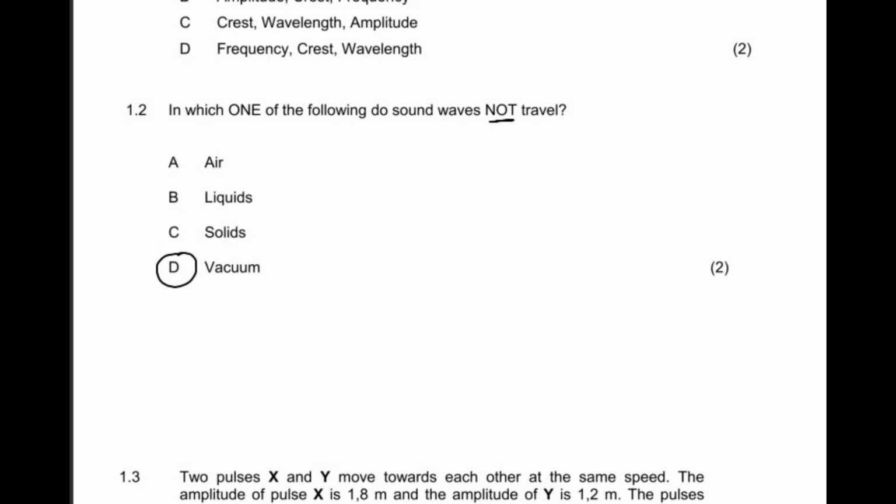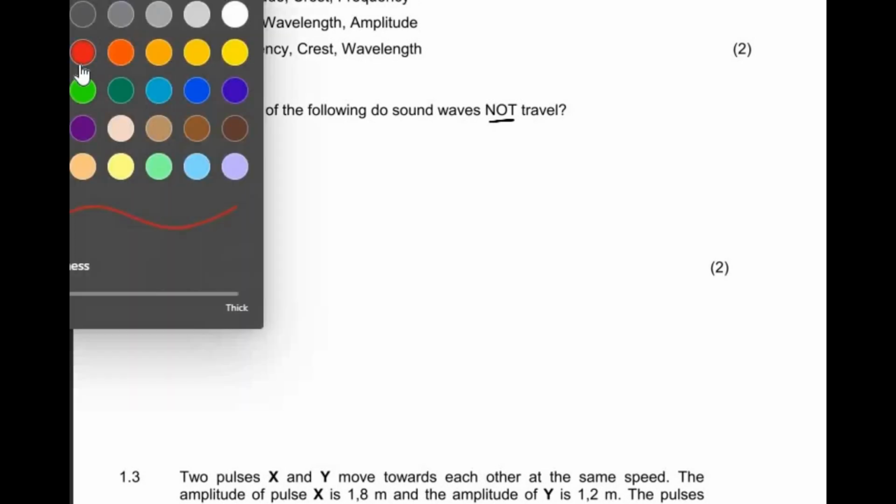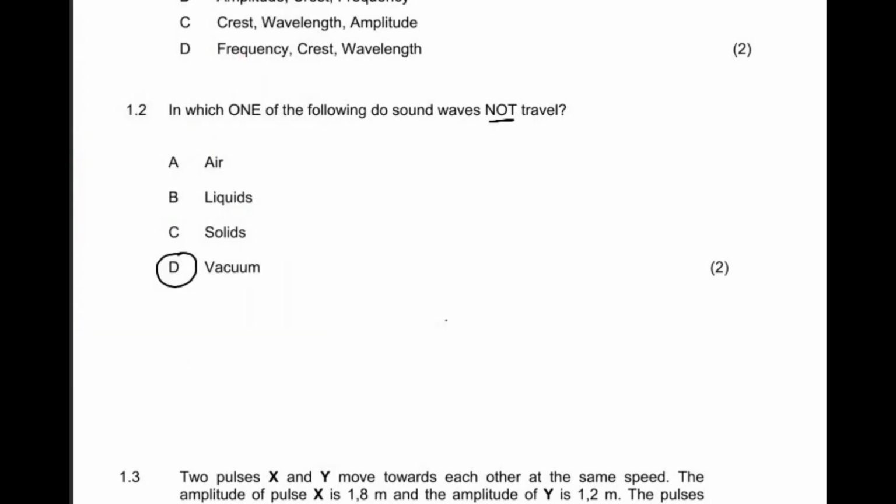What is different is that the speed of sound in air, in liquid, and solid is just different. Sound is fastest in solids and slowest in air or in gaseous substances. But sound cannot travel in vacuum. So that's how you'll get your 2 marks.